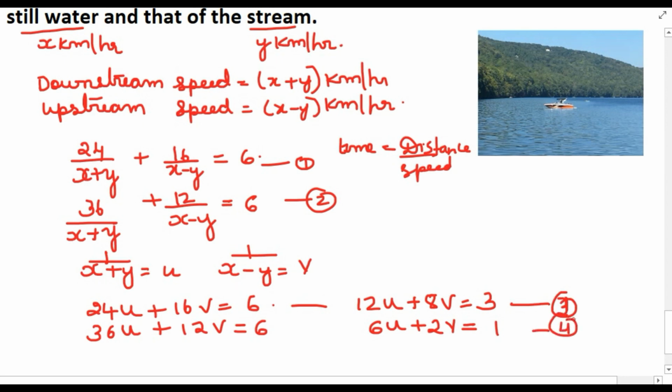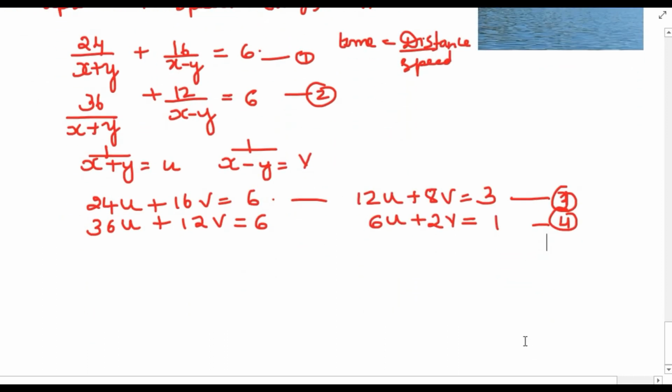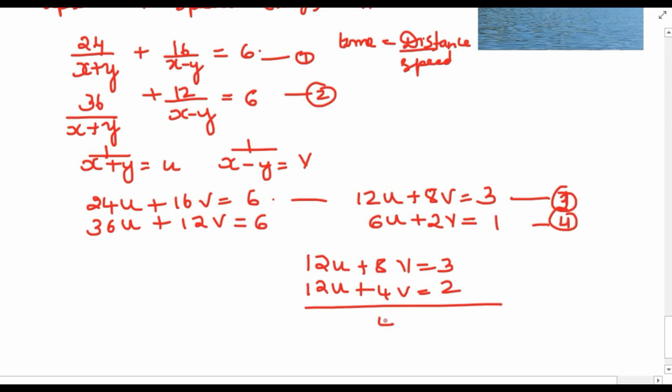Now we need to solve this to find out the value of u and v. The third equation I'll write as such, and the next equation throughout I'm going to multiply with 2. So it is 12u plus 4v equal to 2. Now subtracting, we have 4v equal to 1, v equal to 1 by 4.